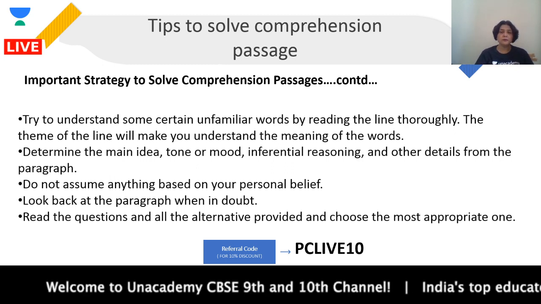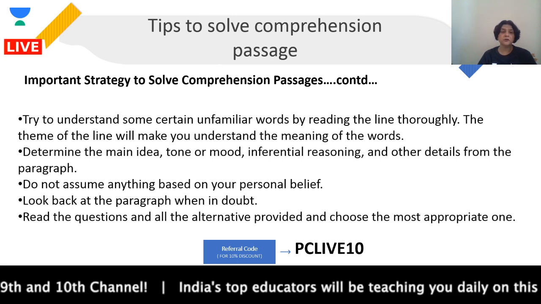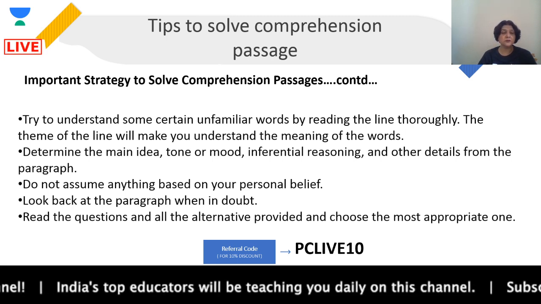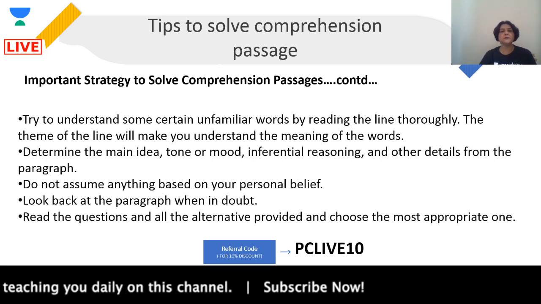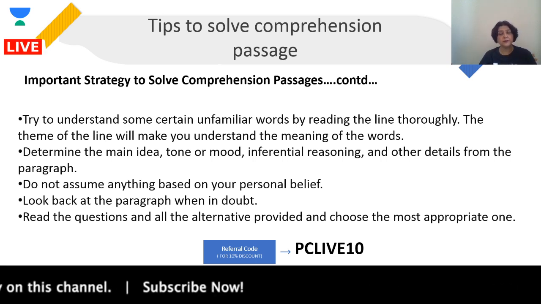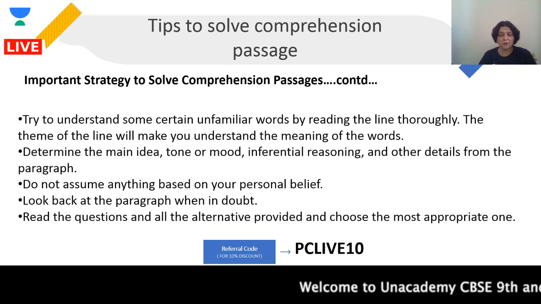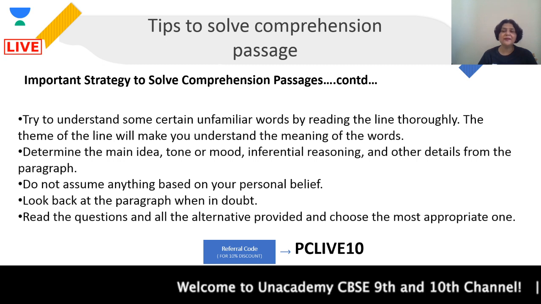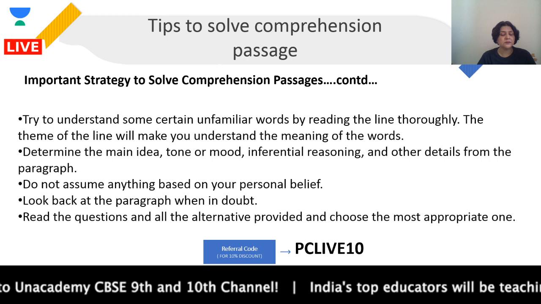The next point is to try to understand unfamiliar words by reading the line thoroughly. You will not have a dictionary to refer to, so the theme of the line will make you understand the meaning of the words.